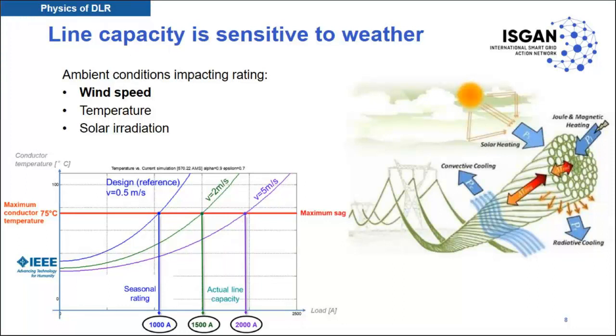And since we are not in a lab, this thermal equilibrium is always changing. So you have to take into account these changing parameters if you want to do dynamic line ratings.